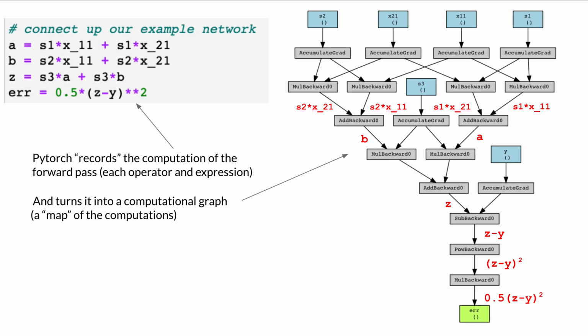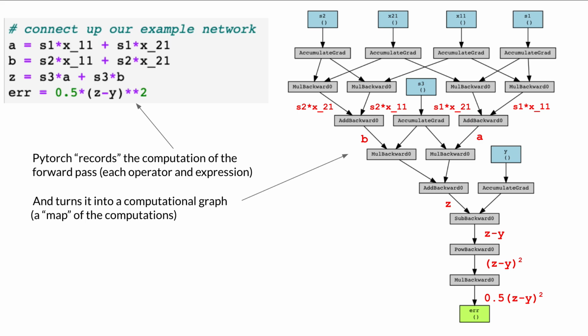And indeed S2 is multiplied by x11 and x21, and we can see those arrows feeding into that multiply backward to give us S2 times x21, and then we can follow that down. That adds then with A and B, which are themselves scaled by S3, and then we end up with the final output error, ERR.